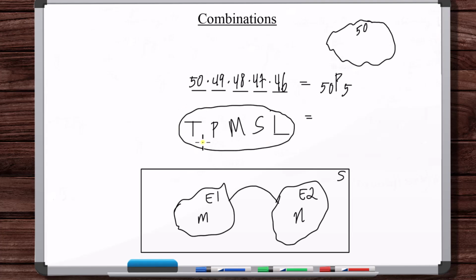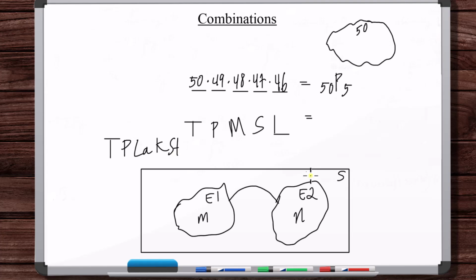Then we go to another, separate outcome, Tim, Philip, Lauren, Kyle, Stacy, or just changing one of these, Tim, Alex, Marie, Sally, Logan, and cycle through 5 factorial again. So you see 50p5 is equal to M times N.